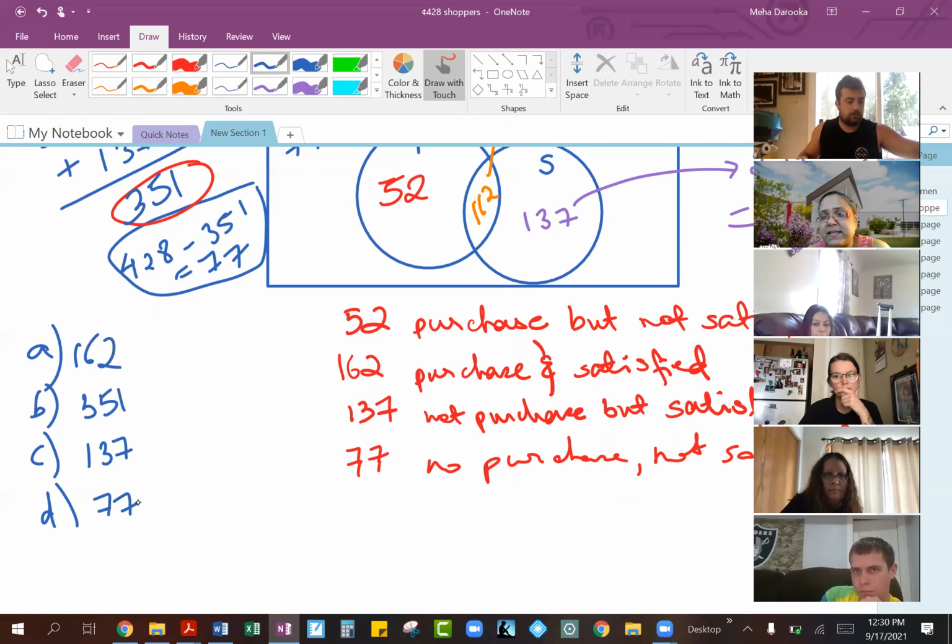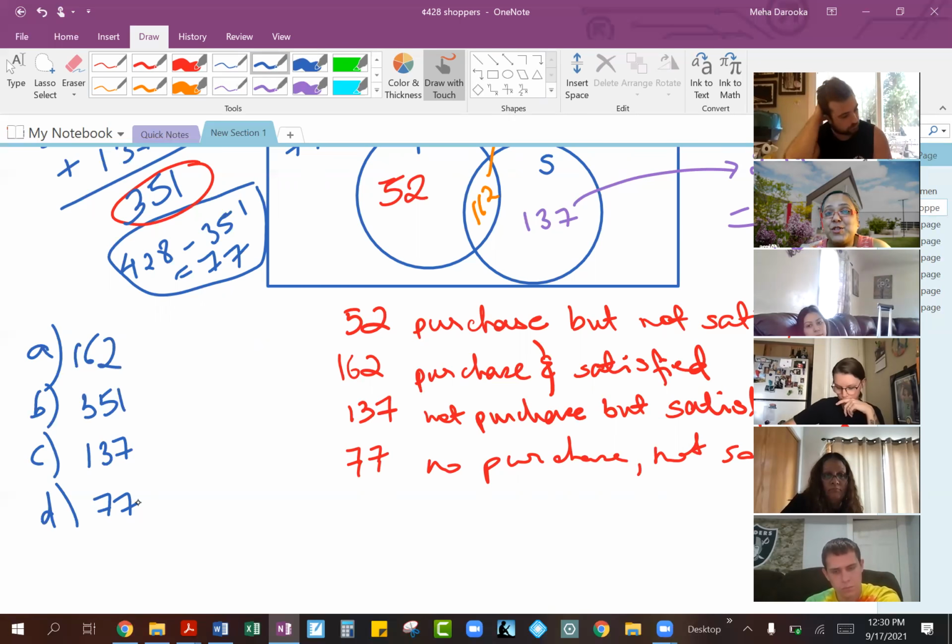Okay, so again, since I did not get a whole lot of participation from the rest of you, did this make sense? How we came up with these A, B, C, and D answers? Anyone who was not sure? Yeah, it made sense. Okay, because section 2.2 is just about completing the Venn diagrams, and then answering the questions based on that. So we'll definitely look at more examples.